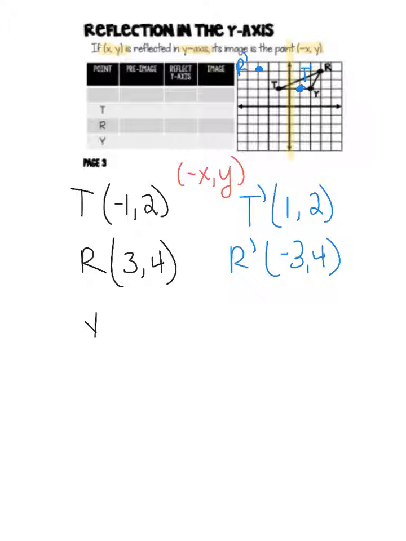And then lastly, point Y at 2, 2 becomes Y prime at negative 2, 2. Y prime. And then we connect those points. And there's our triangle.